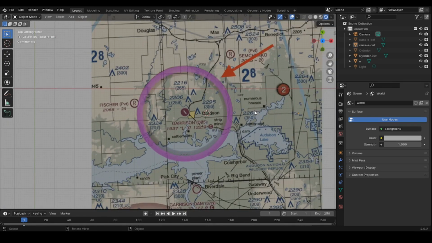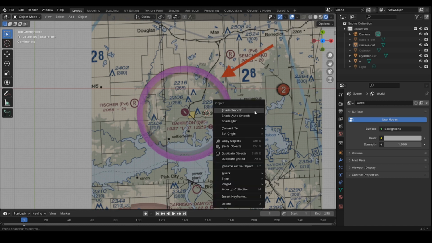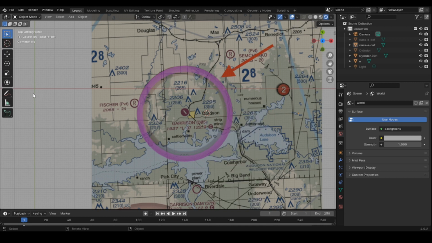I'll zoom in. Now, one thing it took me the longest time to notice when I was studying for the FAA test. I want to go over some stuff before I even start talking about Class E Airspace. These numbers right here, 28.